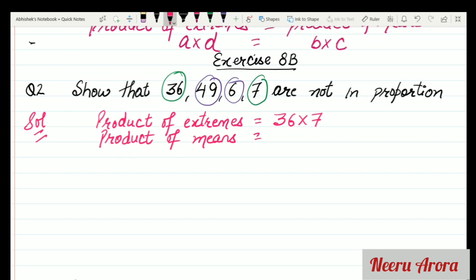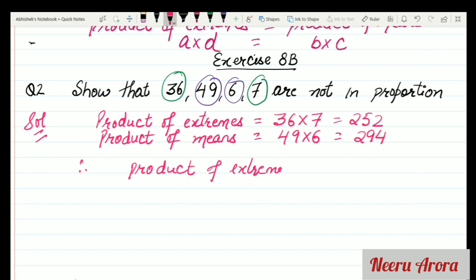So let's take the product of extremes first. 36 into 7 is 252. Now the product of means, that is 49 into 6, is equal to 294. So we can see that the product of extremes is not equal to the product of means.